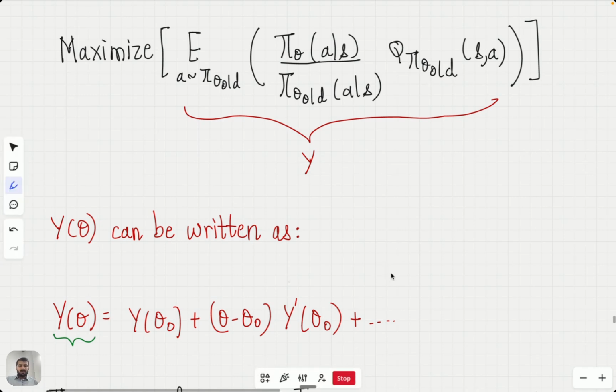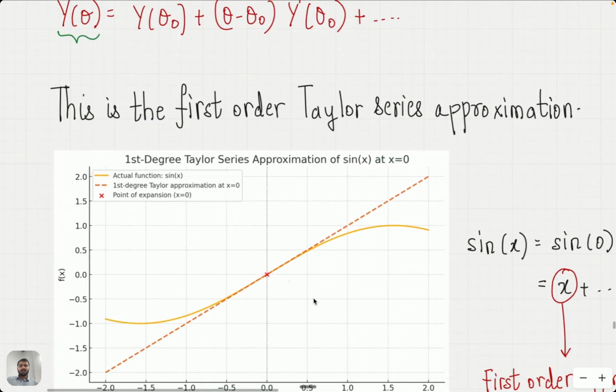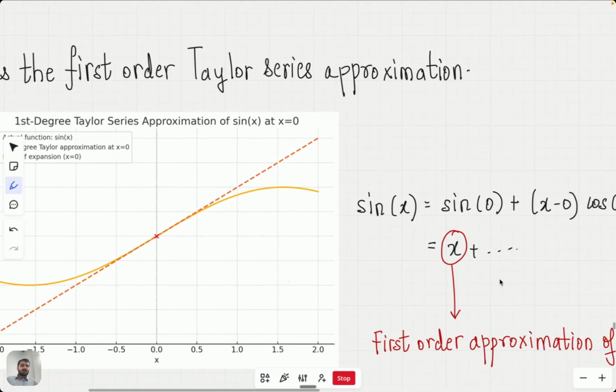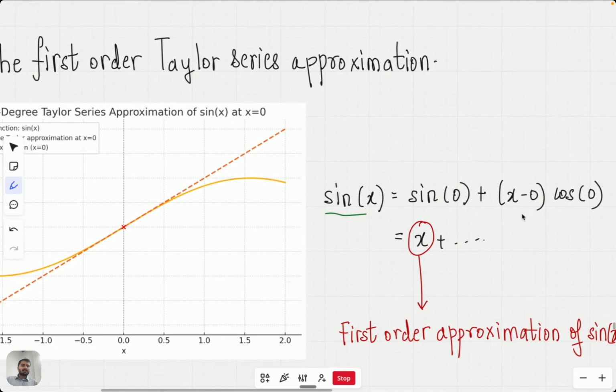And if theta doesn't deviate that much from theta 0, then the first order approximation is good enough to approximate the entire function. Let's take a simple example. If we consider sine x as the function, and we consider theta 0 to be 0, then we can use the Taylor series to write sine x as sine of 0 plus x minus 0 into cos of 0, which is x.